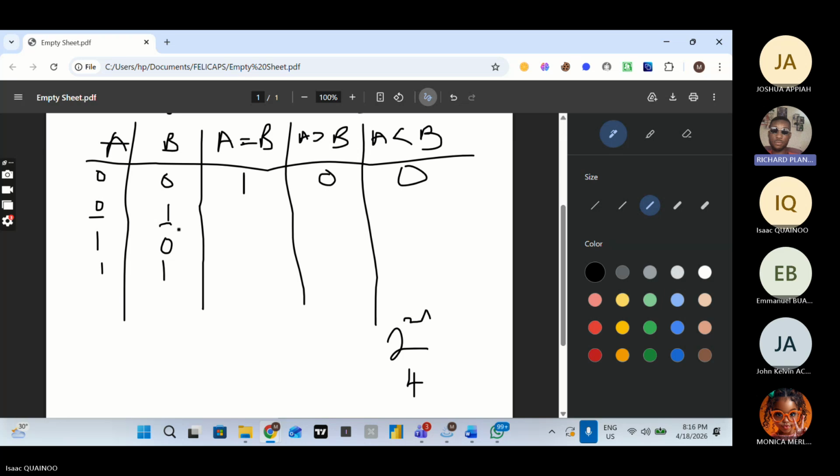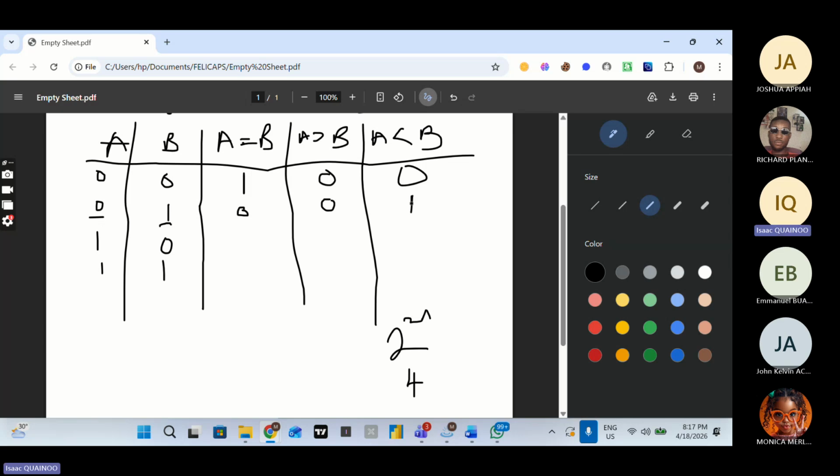Okay, so for 0, 1, A equal to B, the answer there will be 0. Then when we come to A greater than B, the answer there will be 0. Then we come to A less than B, the answer there will be 1, which is very true, because you know that 0 is lesser than 1.